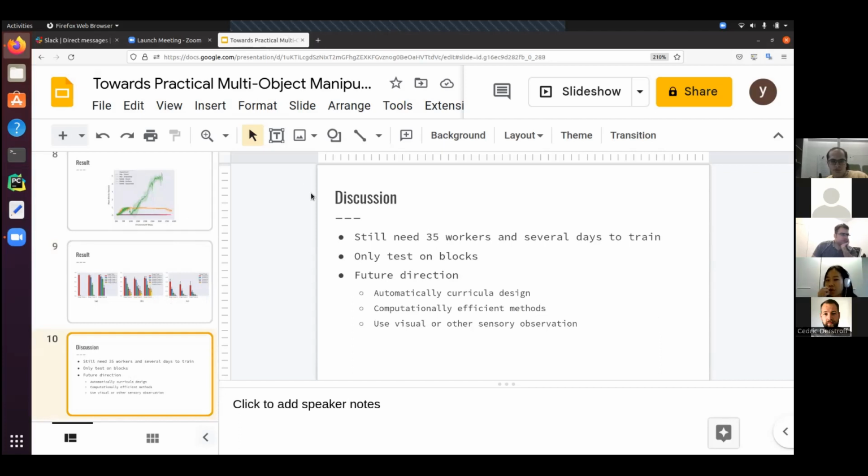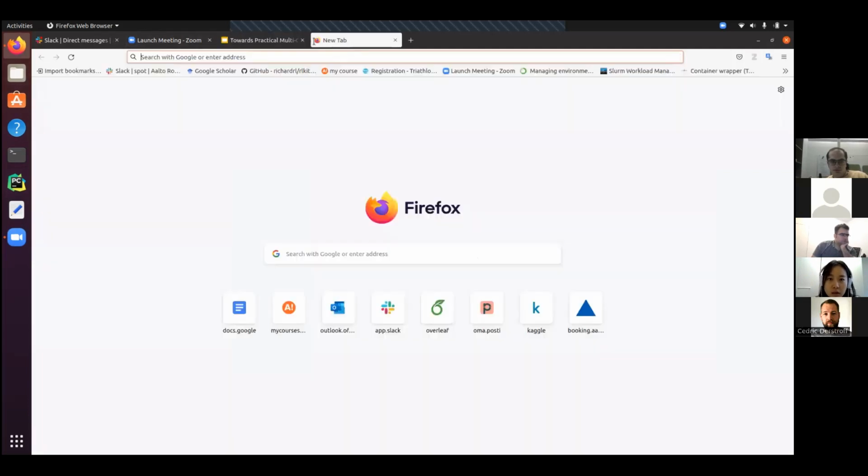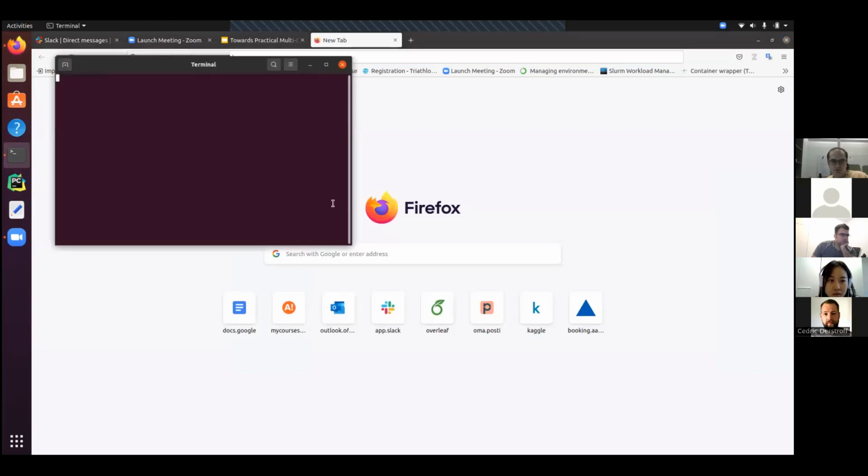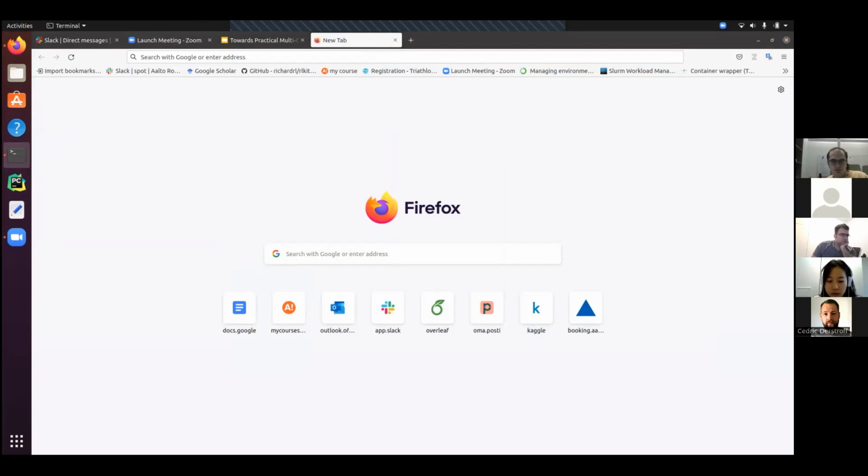Actually, this paper already makes the computation more efficient, but it still needs much. They say something about the memory, so I can show that, wait a moment.